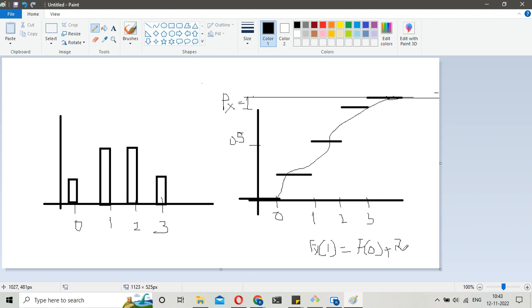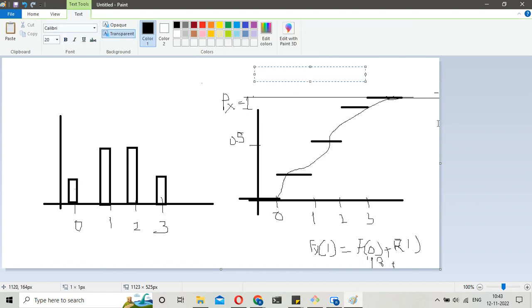In this case you will sum 1 by 8, the probability of getting 0 times tails, and one more.